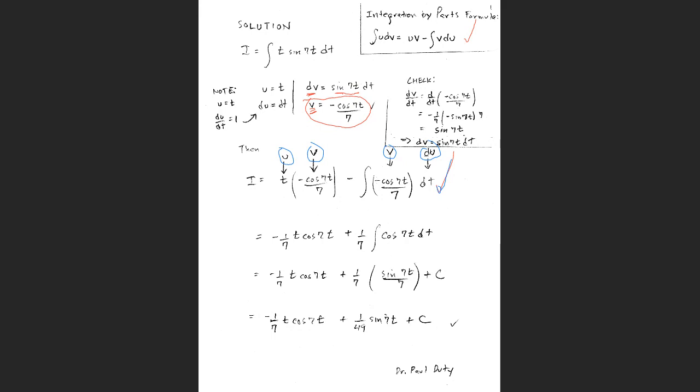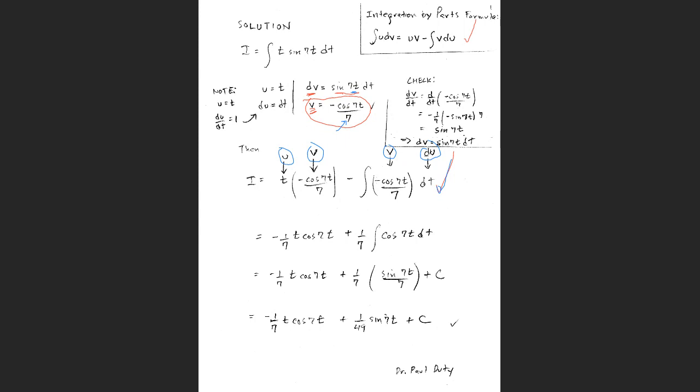The antiderivative of sine is minus cosine, but you have that 7t there. So you have to make an adjustment. You have to adjust it by putting a 7 in the denominator.